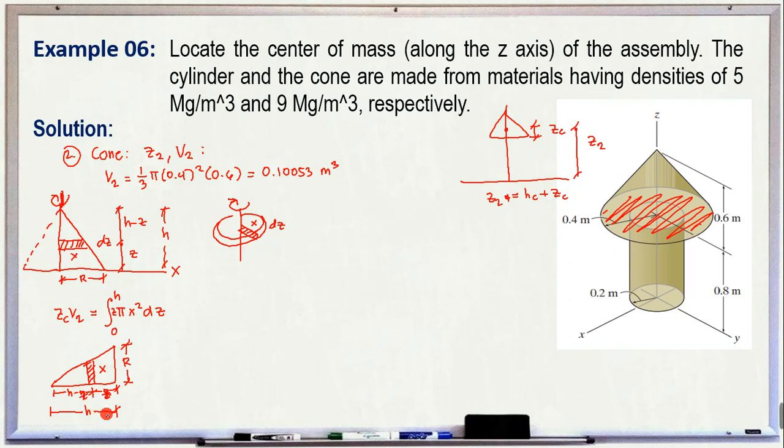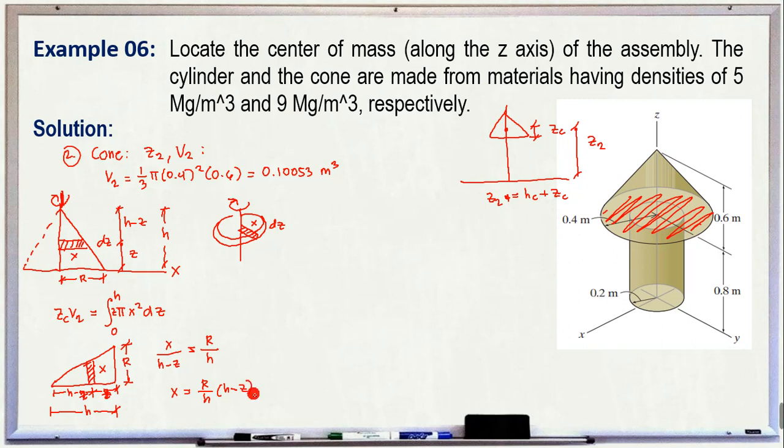From here, we can derive a relation. We have x over h minus z is equal to r over the entire height h. So solving for x, we have x equals r over h times h minus z.